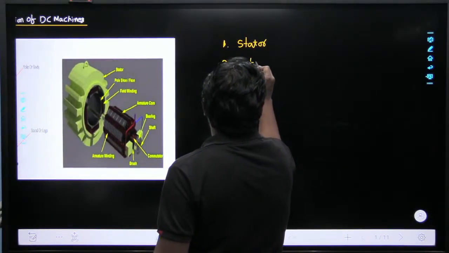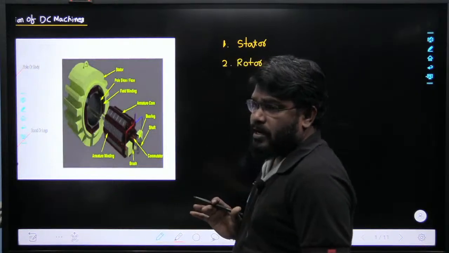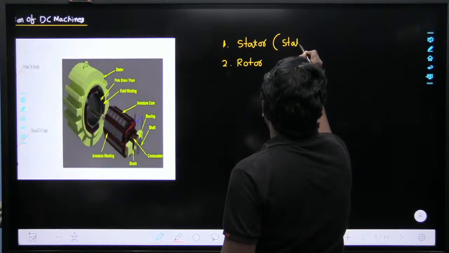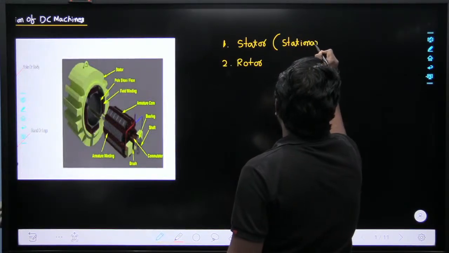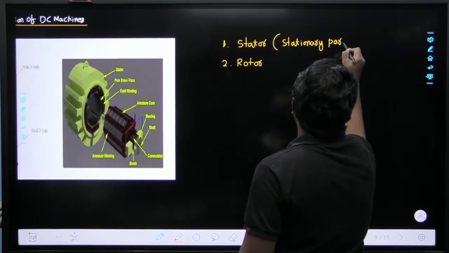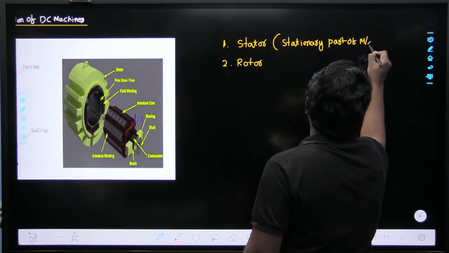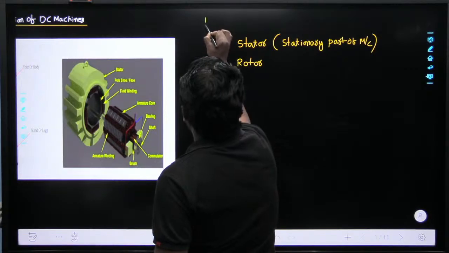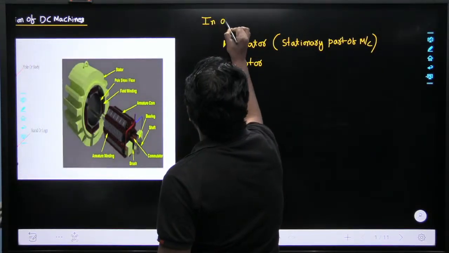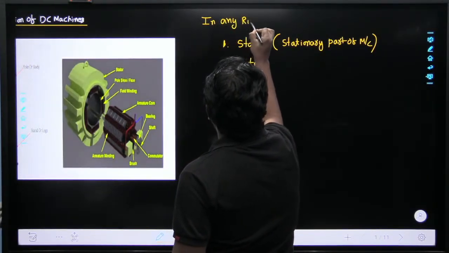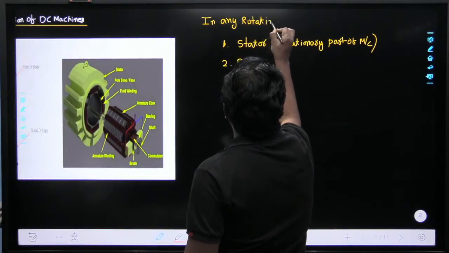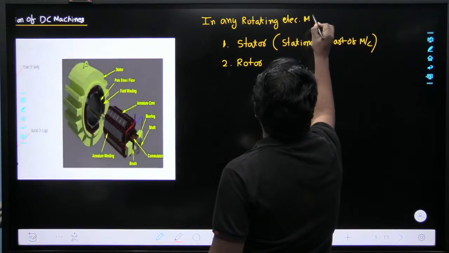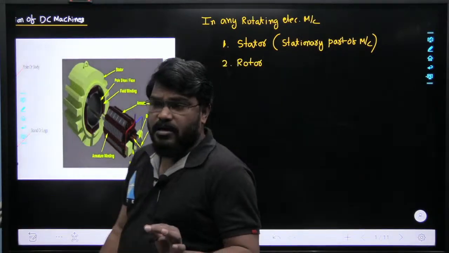So what is meant by the stator and the rotor? The stator means the stationary part of the machine. This is the stationary part of the machine, so that is known as the stator. Any rotating electrical machine majorly has two parts: one is the stator part and the other is the rotor part.